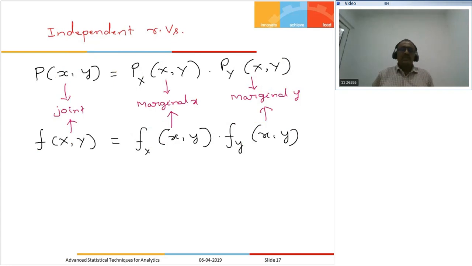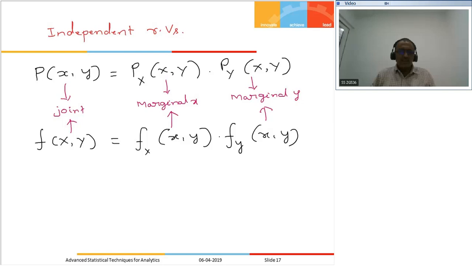One simple definition like this is what we are familiar with. We know the independent events: P of A intersection B equals P of A into P of B. Then A, B are called independent events. That means joint equals product of separate. The same applies here.